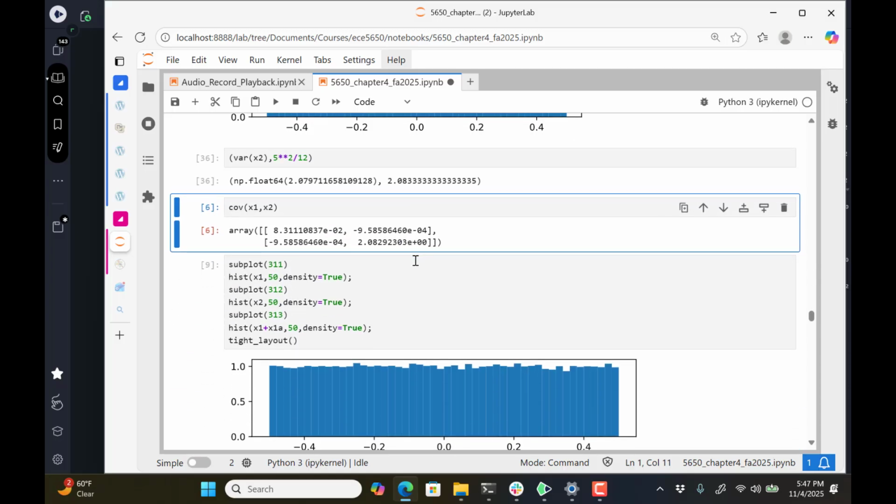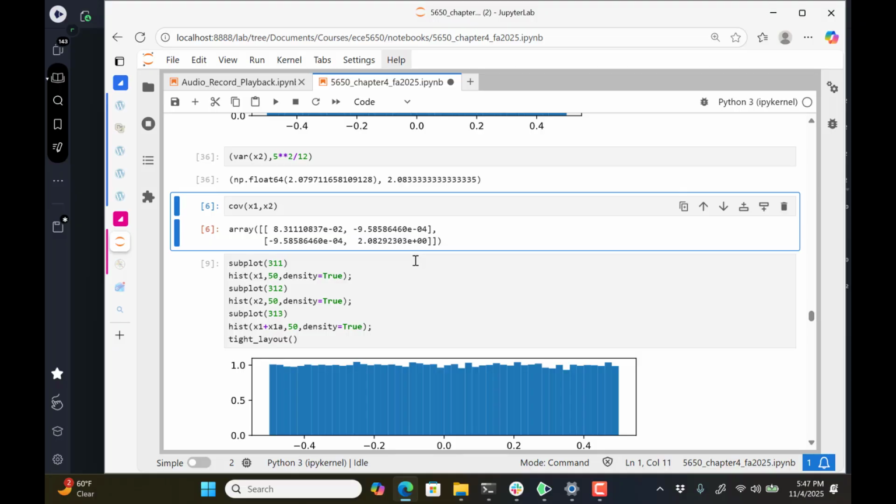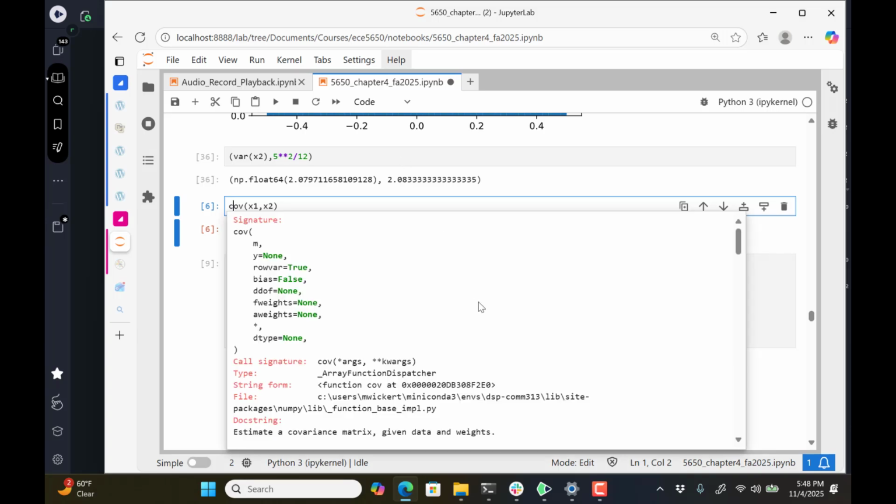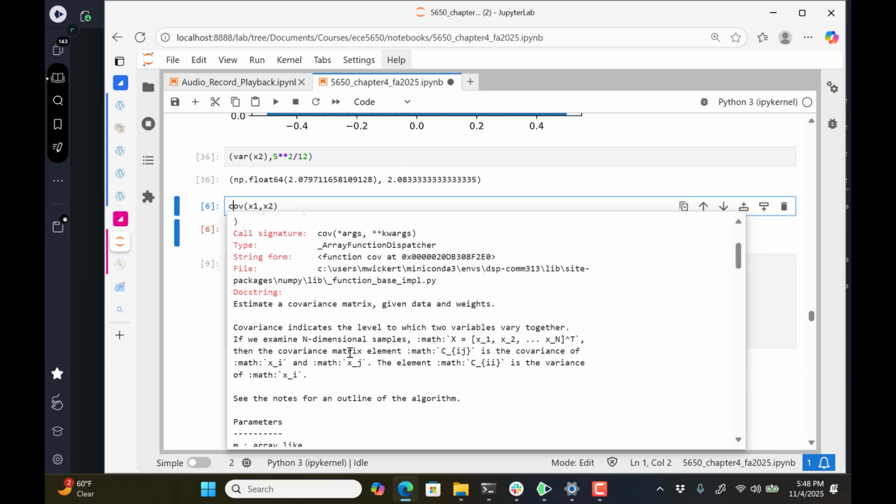Now, if you want to compare two arrays, one to the other, I'll compare x1 to x2. So this cov function is going to compute variances and covariances. If I look at the help for it, it tells you what the 4 entries are going to be.